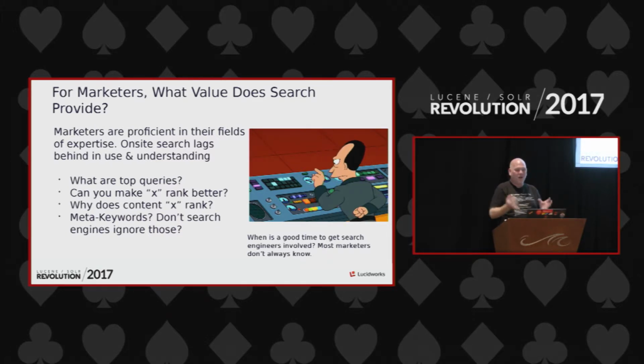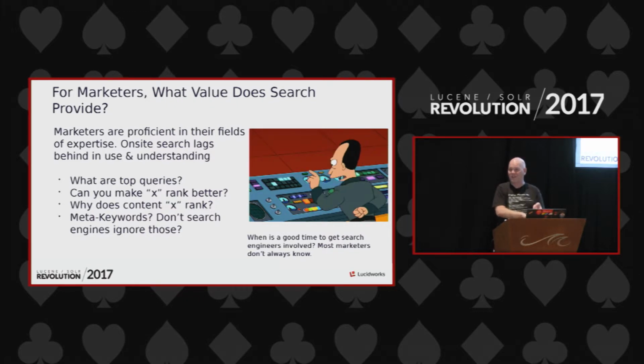So marketers want to solve problems. They want to create funnels, and they want to increase all of their metrics, such as revenue. And they generally don't even know the questions to ask developers, other than, why doesn't X rank? Can you make X number one?